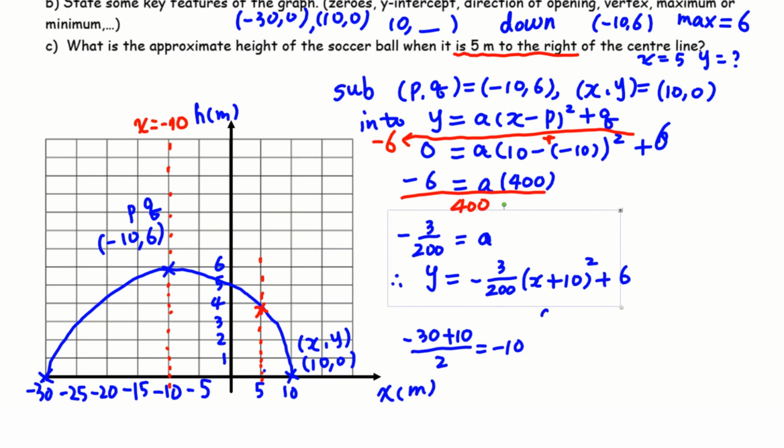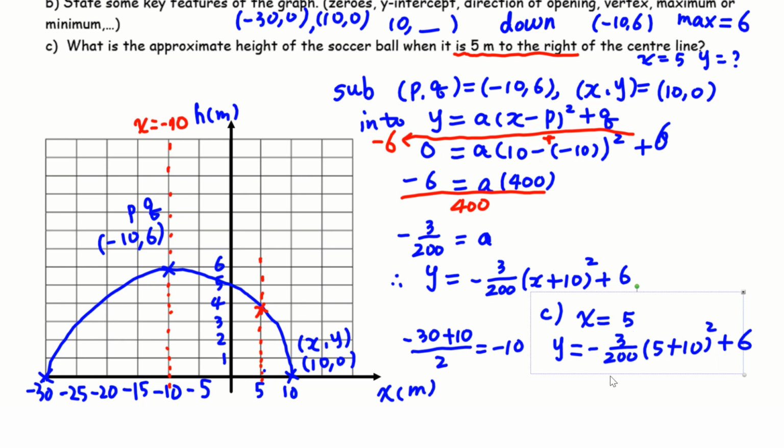The question C asks you when x equals 5, the y equals what? We sub in x equals 5, so 3 over 200, then 5 plus 10, bracket squared plus 6. Then use your calculator, you will find out it is 2.625 meters.